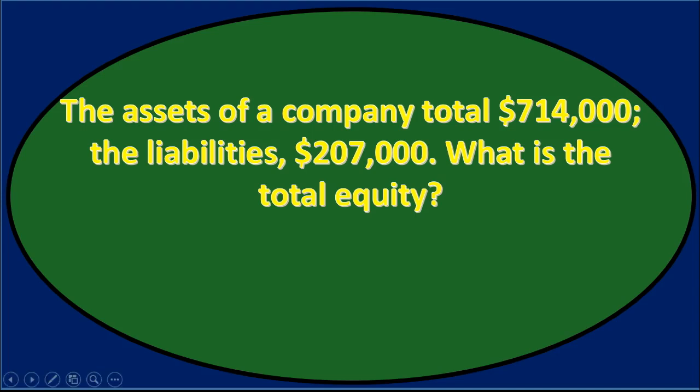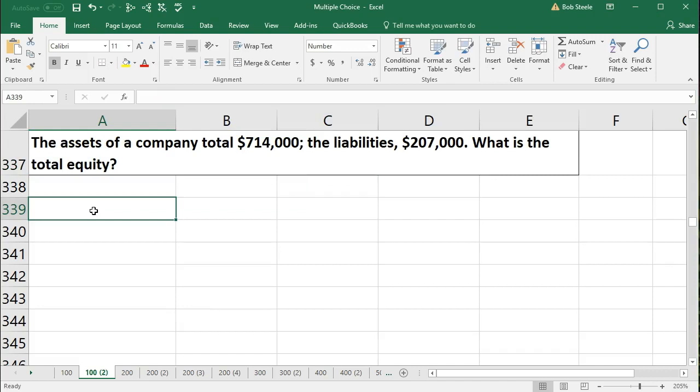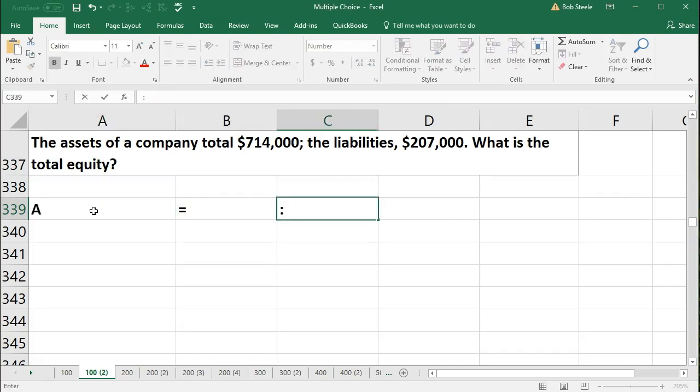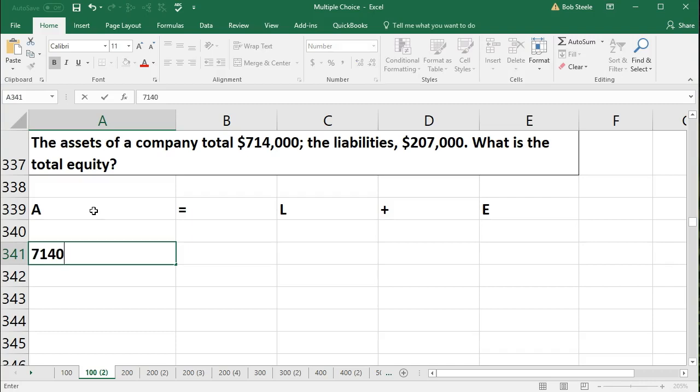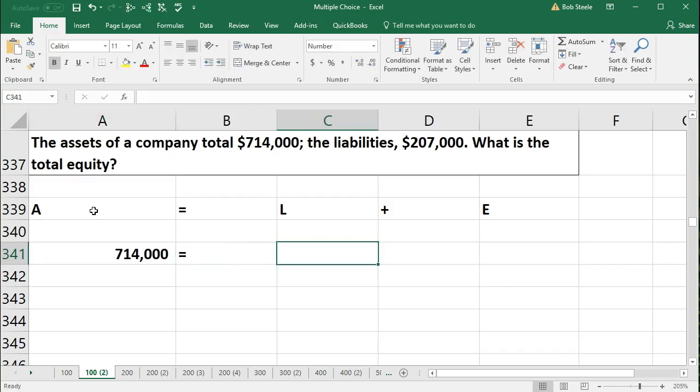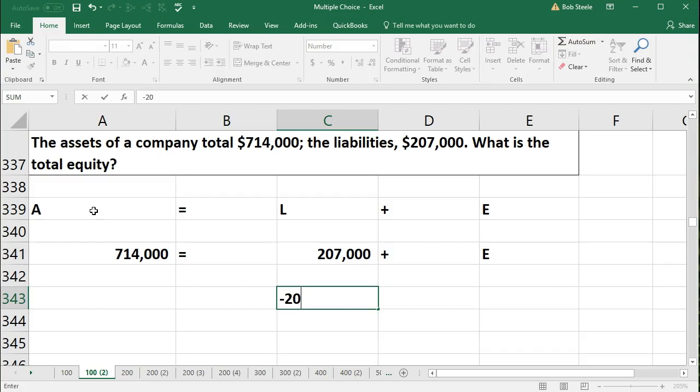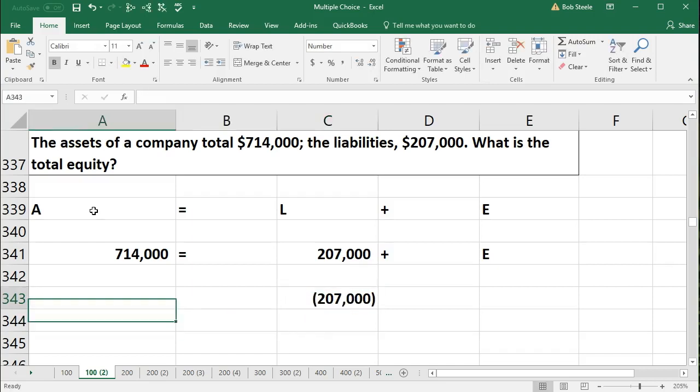Next problem. We're going to say that the assets of a company total 714,000, the liabilities total 207,000. What is equity? We'll write down the accounting equation. Assets are going to be equal to liabilities plus equity. And we're saying that we have 714,000 equal to liabilities of 207,000 plus equity. And once again, we're going to subtract the 207,000 from each side.